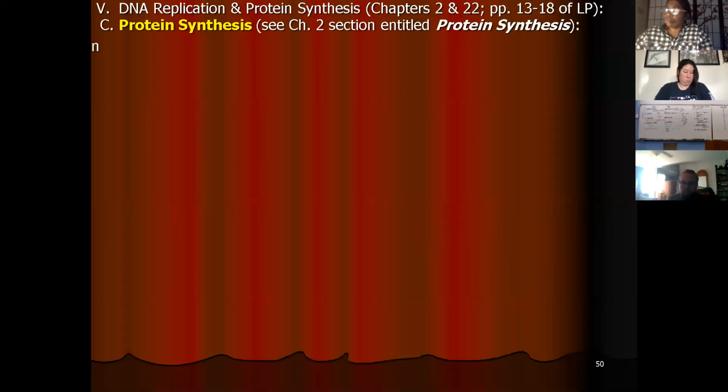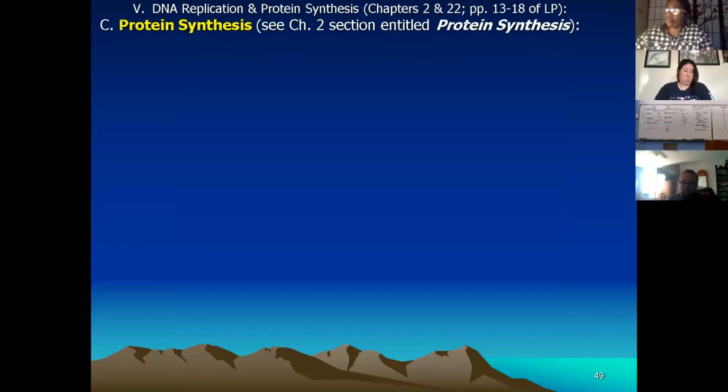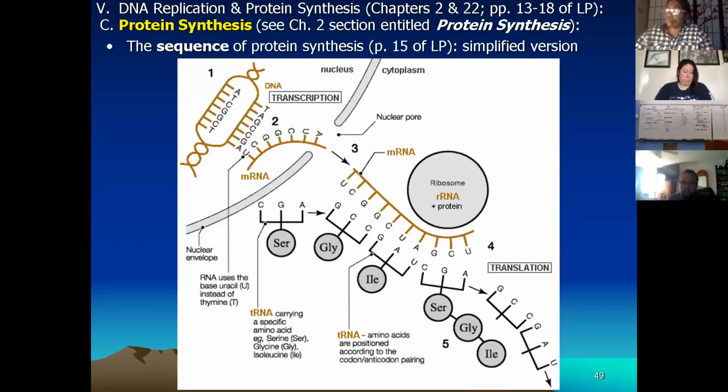Now this figure here from the PowerPoint is the equivalent to page 15 in your lecture packet. It's a little bit more of a simplified version, this figure. But we are going to start with the gene, which means we're in the nucleus. That's where the DNA is.